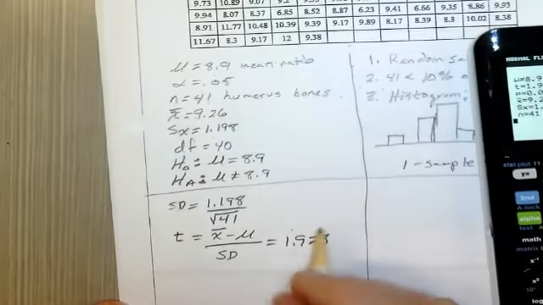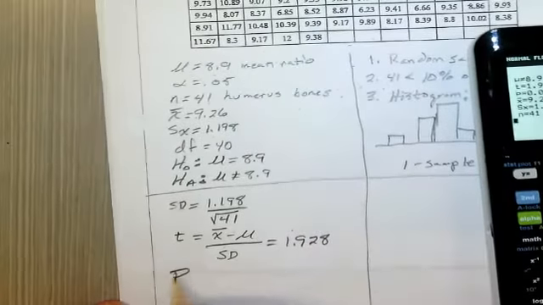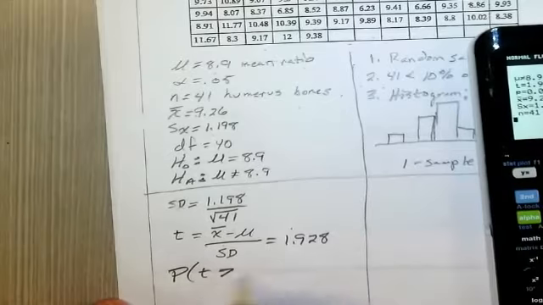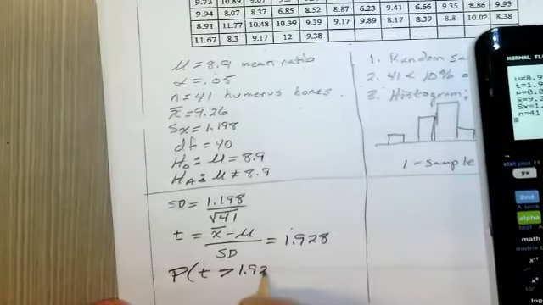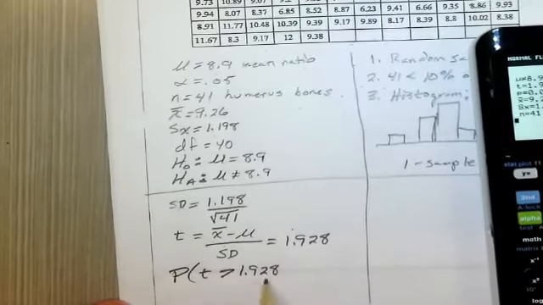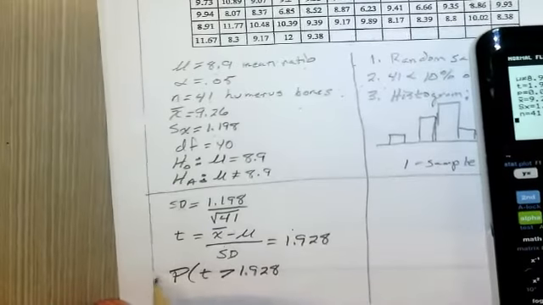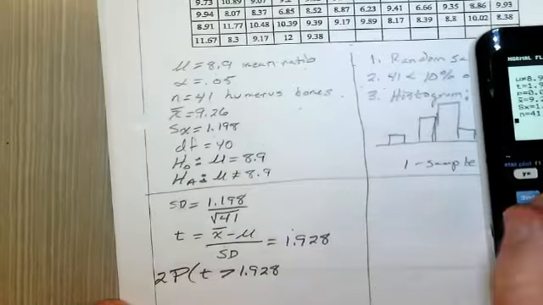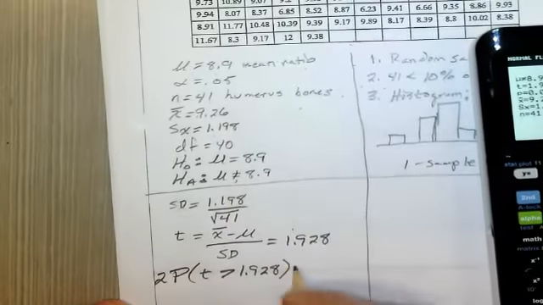And we get a p-value. Here's my probability that t is greater than 1.928, and we multiply that times 2 because it's two-tailed with the not equal to here, equals 0.061.